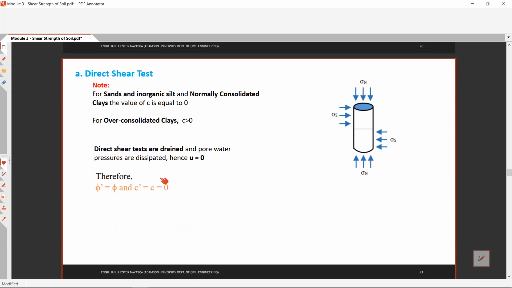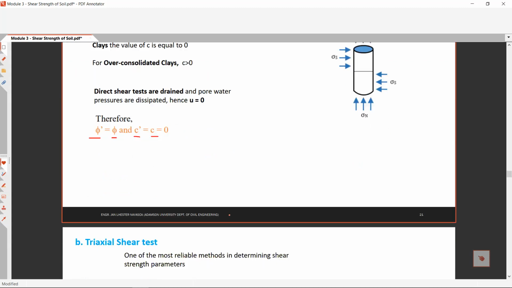Therefore, your drained angle of friction phi prime is equal to phi and your C prime is equal to C. Okay? So wala siyang difference yung drained and yung based on effective normal stress.